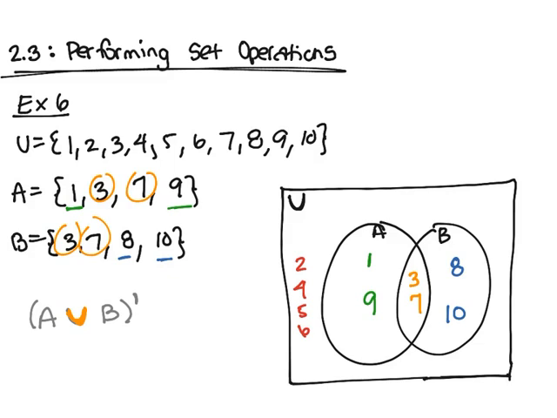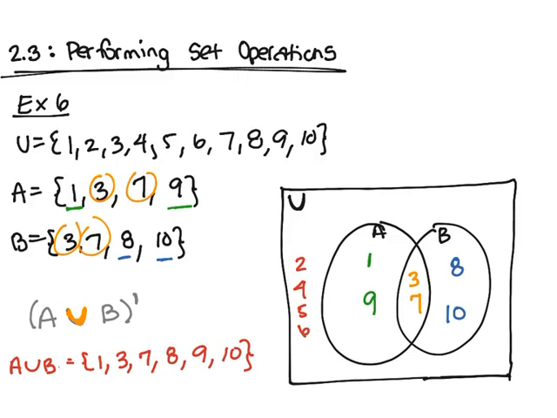So if I give you A union with B, that means, okay, what's in all sets, and just don't repeat yourself, okay? So let's write that. A union with B. What would that consist of? 1, 3, 7, 8, 9, and 10.